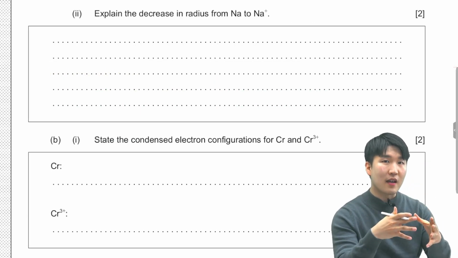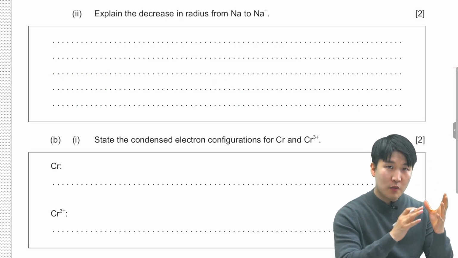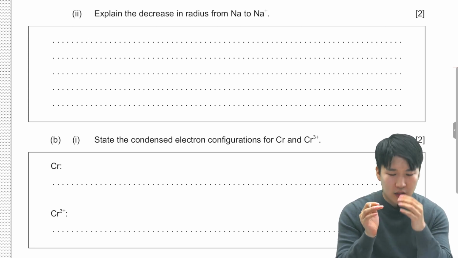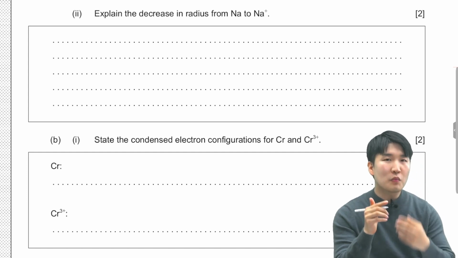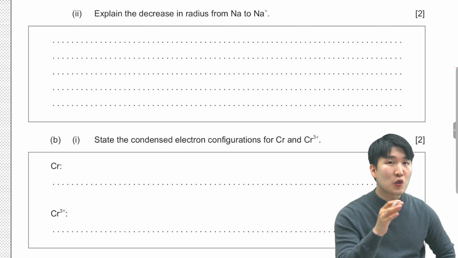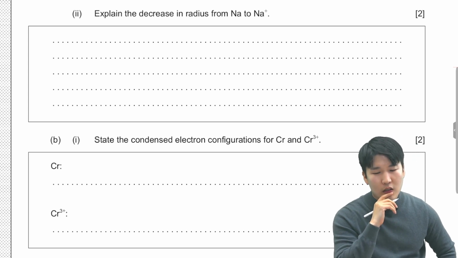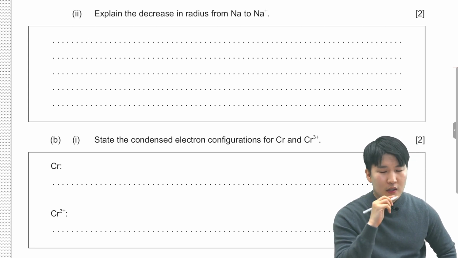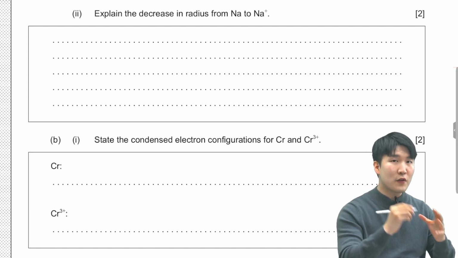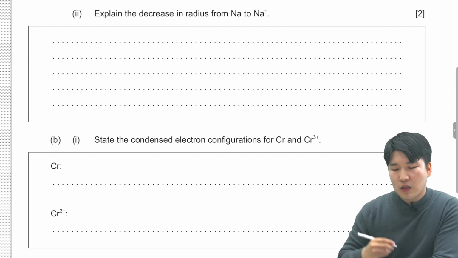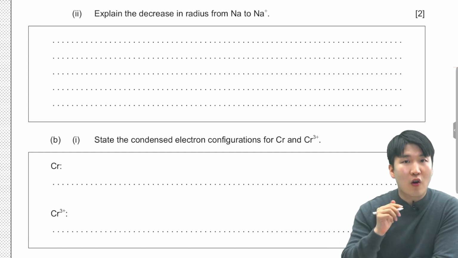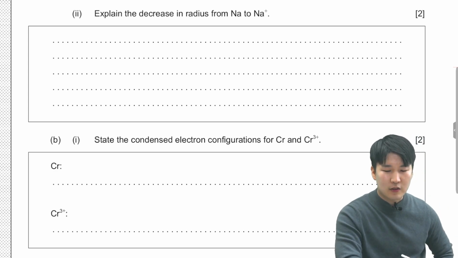We're going to compare the size of a sodium atom and the sodium 1+ cation. We know sodium cation is going to be smaller than a sodium atom for two reasons, for which we're going to be given 2 marks. First is the obvious reason that sodium atom has 3 electron shells compared to the 2 electron shells of a sodium cation.